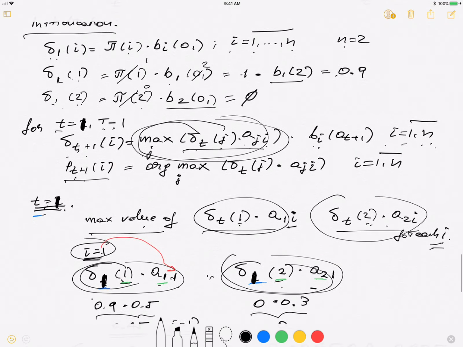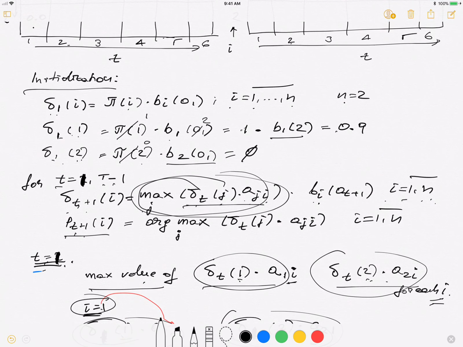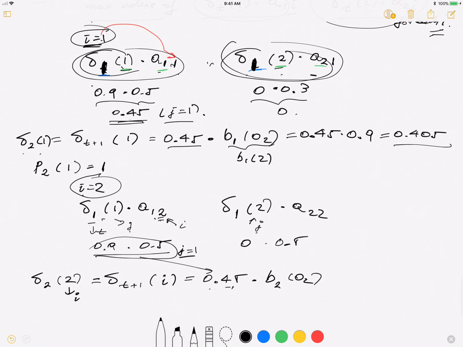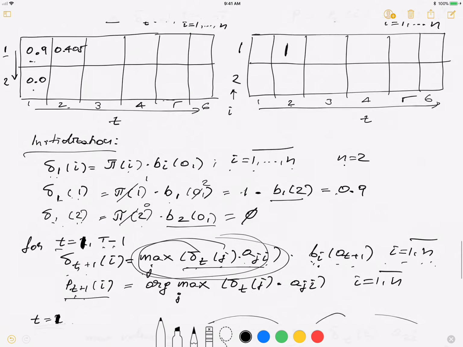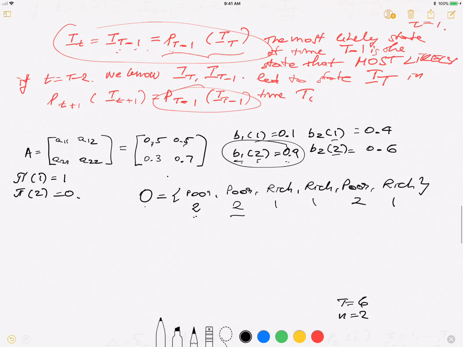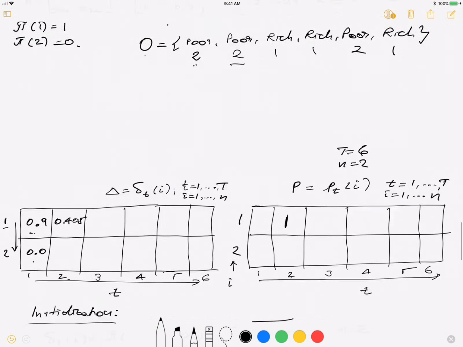Why B2 of O2? This is Bi of O2. B2 of O2, since O2 was 2, this is B2 2, and B2 2 is 0.6.